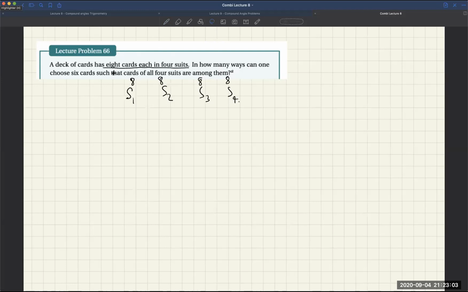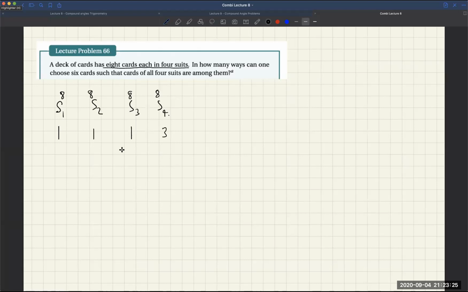So when you're choosing these 6 cards, you have to make sure that at least 1 card of each suit is there. Okay, so one of the possibilities, you take one card of each suit and the rest 3 you take from here.